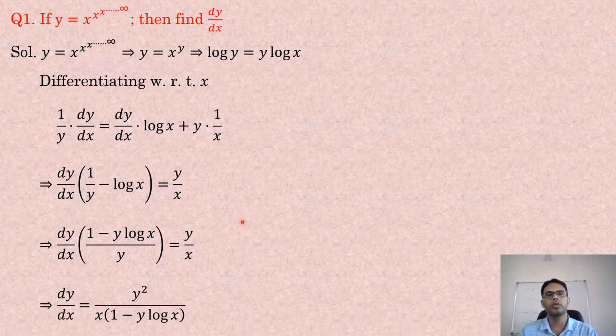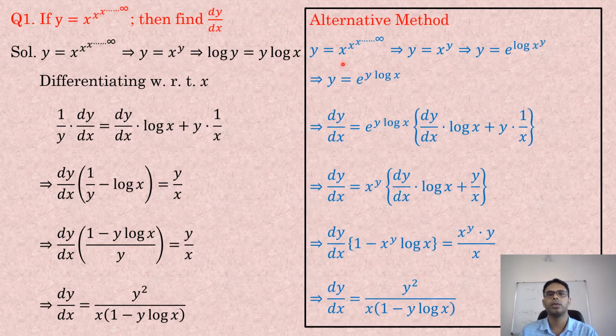And this problem can also be done in another way, that is by not taking the logarithm in this way. That means you can write this expression x to the power y as e to the power log. You see here y is equal to x power x, this is the given expression, so y is equal to simply x to the power y.